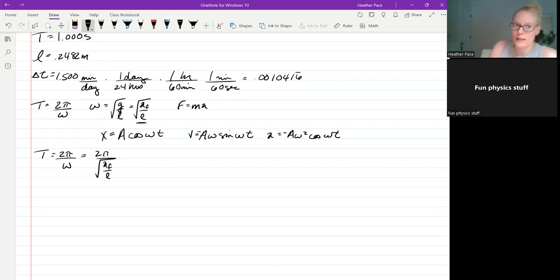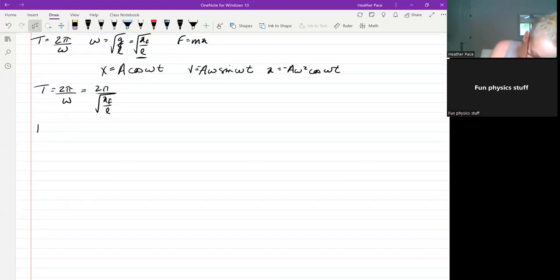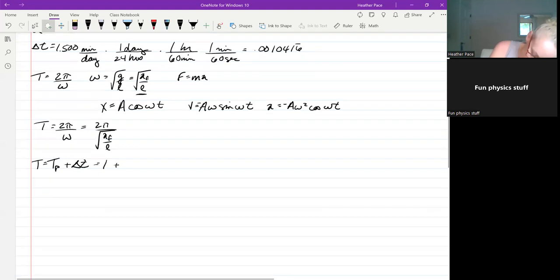What they've given us is the T if our clock is running perfectly, and we know that it's not. So the T we're looking for is our perfect time, which is what's given, plus our delta T. That's 1 plus 0.0010416.